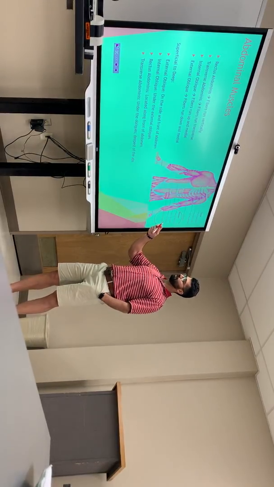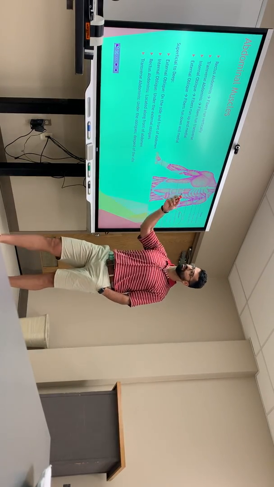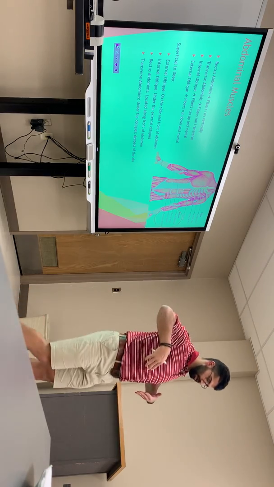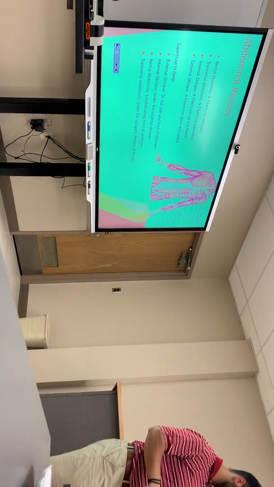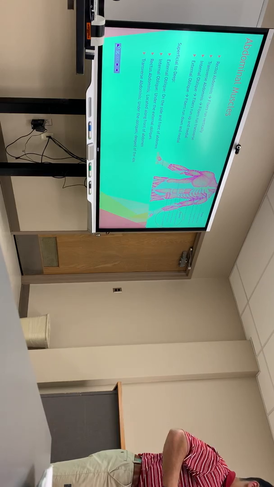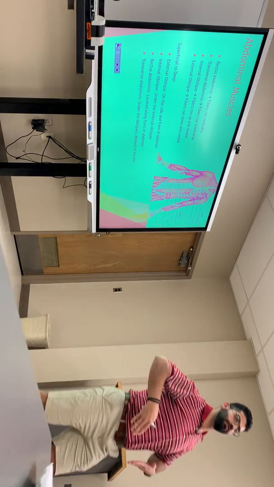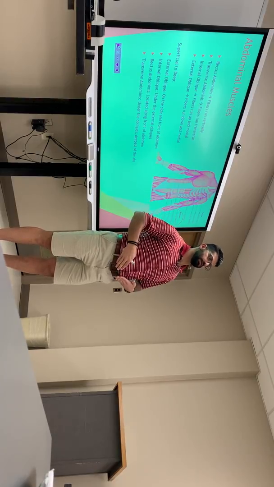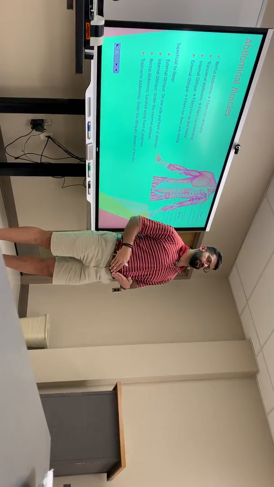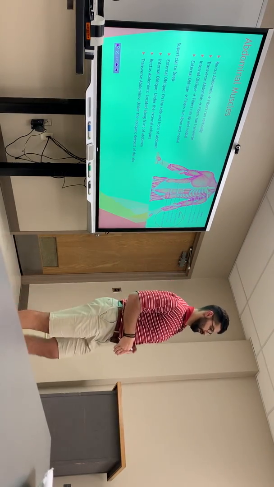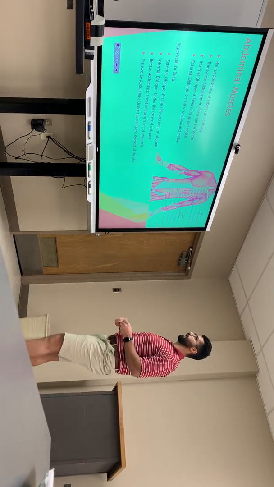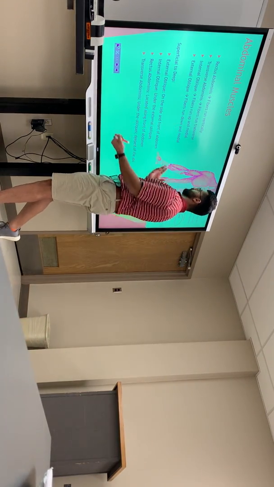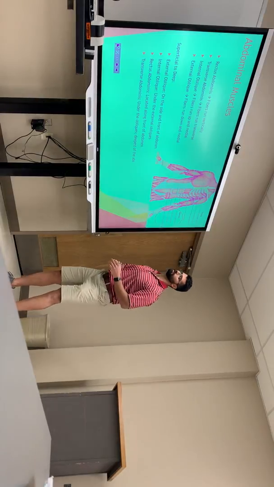The direction of the fibers for the internal oblique runs upward towards the medial side. For the external oblique, I mentioned in my lab, it's like putting your hands in your pocket. If you want to remember the direction of the external obliques, put your hands in your pocket; that is the direction of the fibers. The name is obvious: external obliques are more external, on top of the internal oblique.